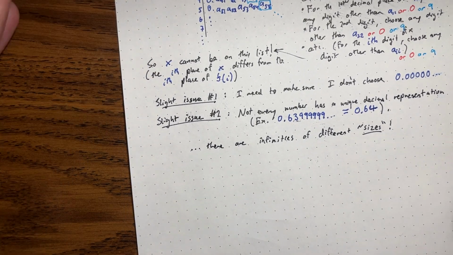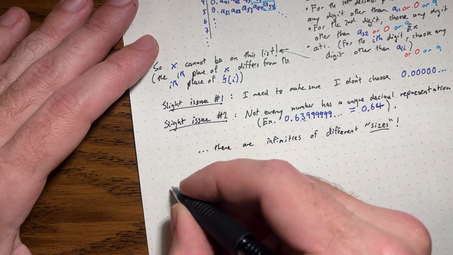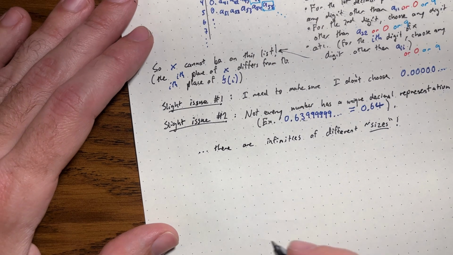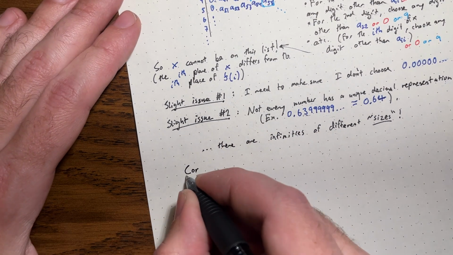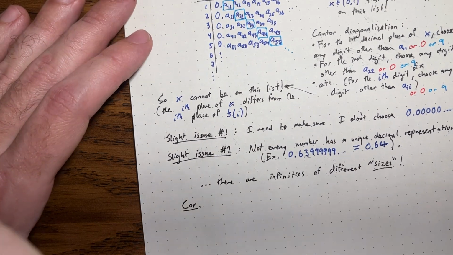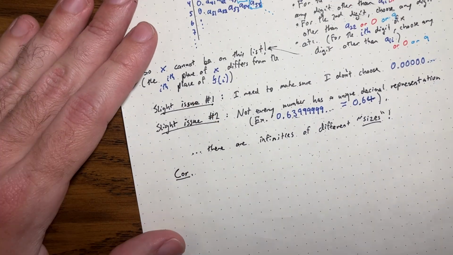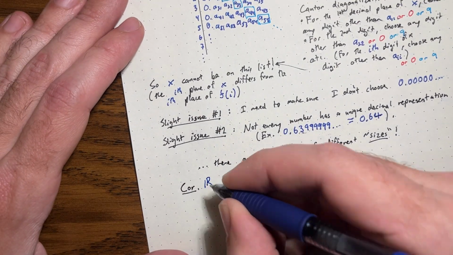Because again, you can't count the elements. It's an infinite set. And then a corollary of this argument, corollary meaning something that follows from the proposition, is that R itself is uncountable.